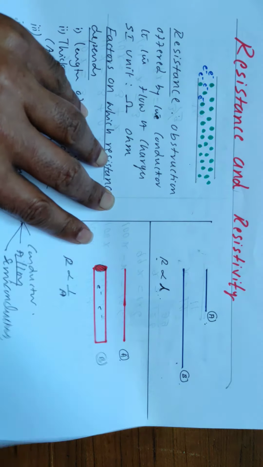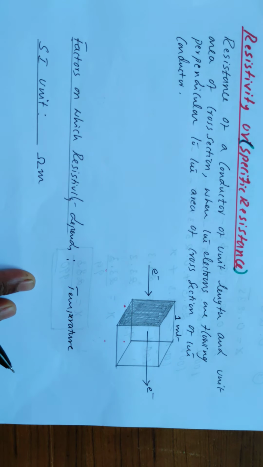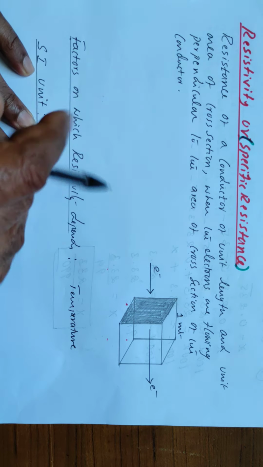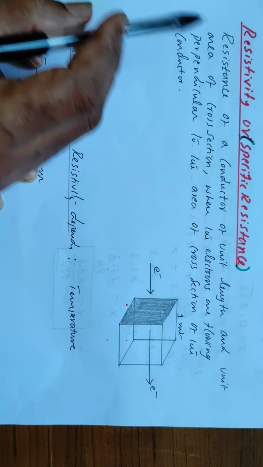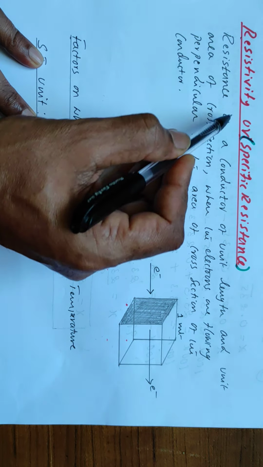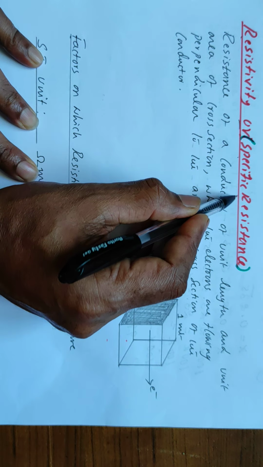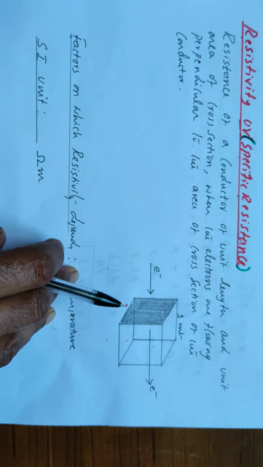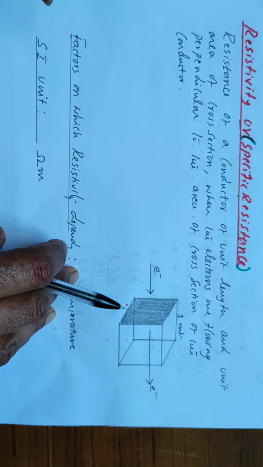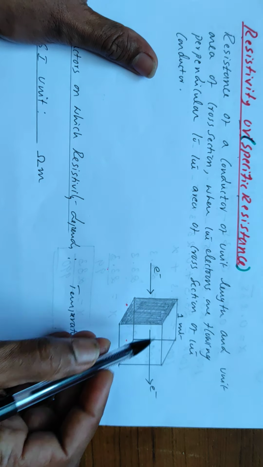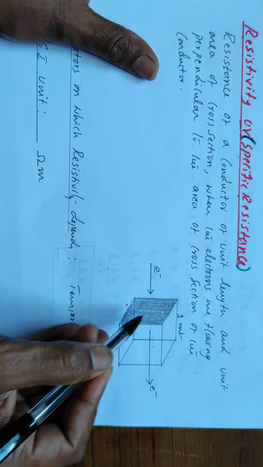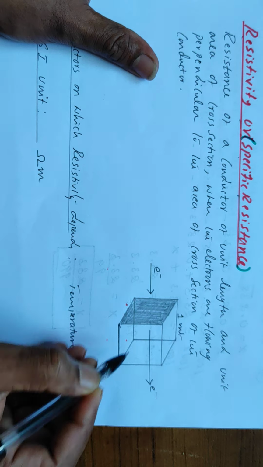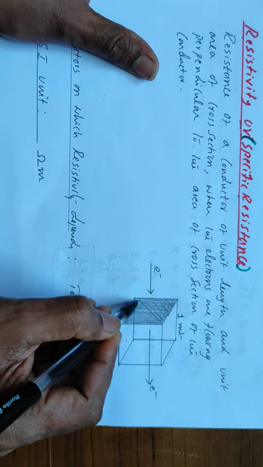Next is resistivity. Don't get confused much between resistance and resistivity. Resistivity is also known as specific resistance. Resistivity is nothing but resistance only, but it is the resistance offered by a conductor of unit length and unit area of cross section.